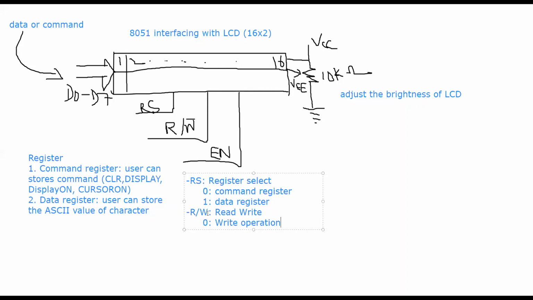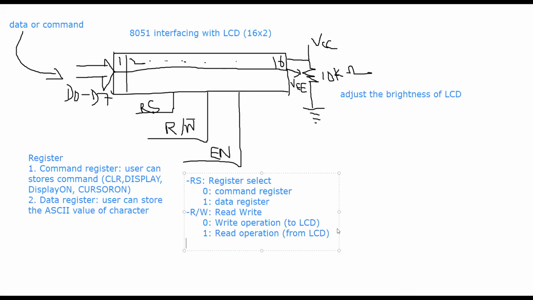We give the values, and they will be written in the LCD and displayed. If it is 1, it is a read operation, which means we get the signal from the LCD. We are reading from the LCD.